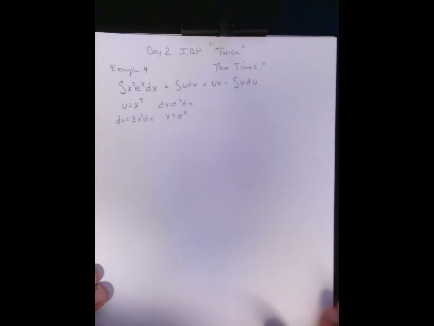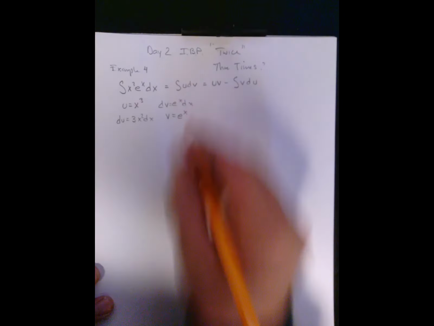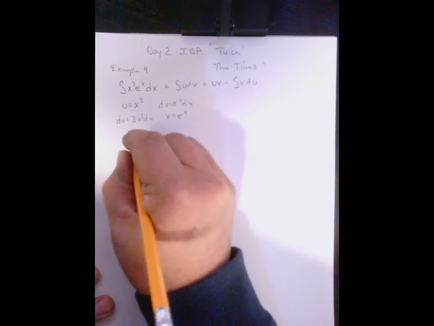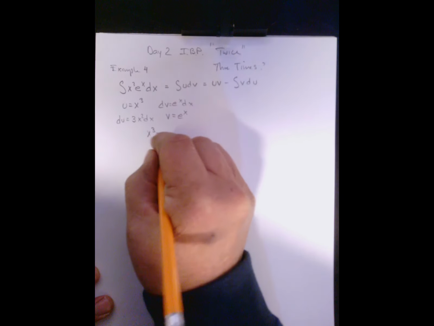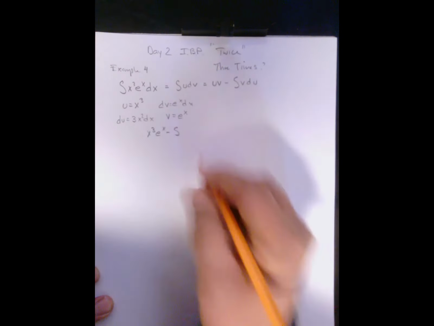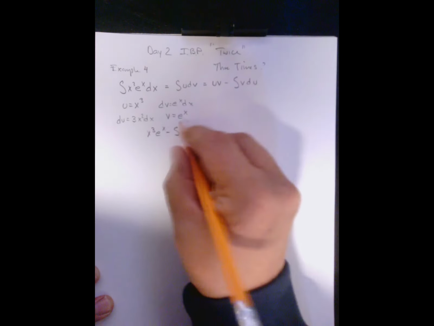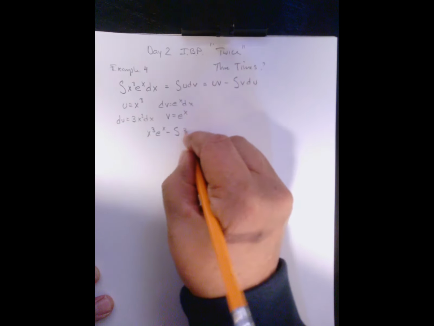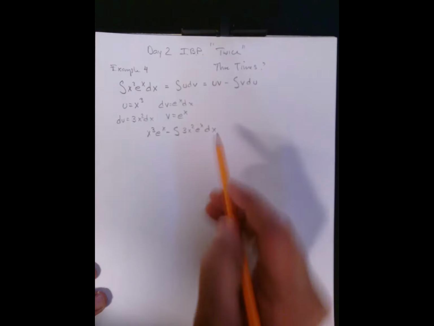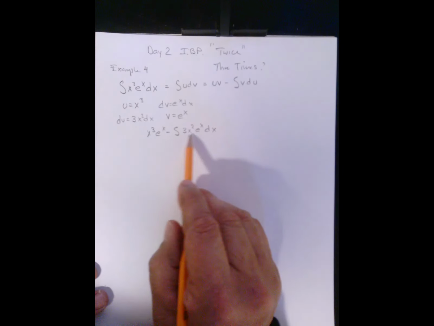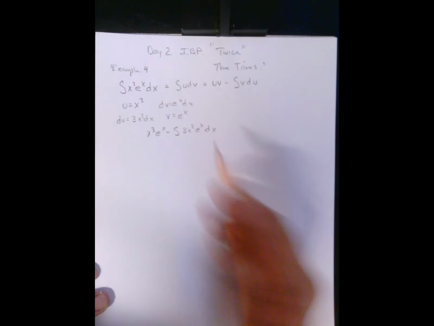With this, I see that the integral of u dv would be uv minus the integral of v du, which is 3x squared e to the x dx. Okay, the problem is I don't know what the integral of 3x squared e to the x dx is.